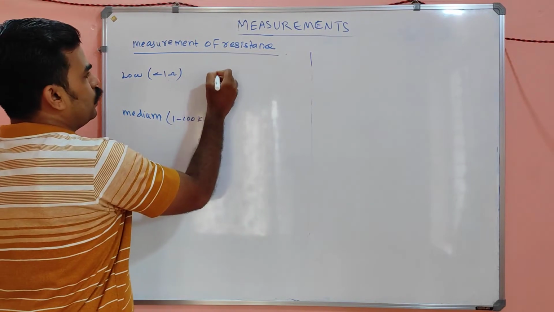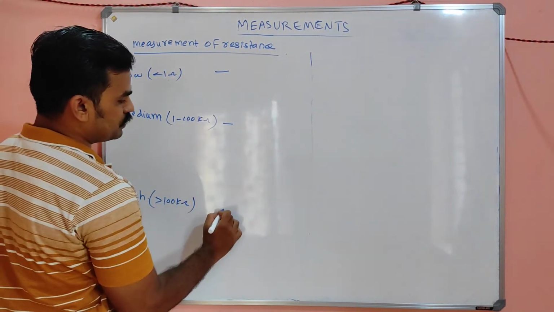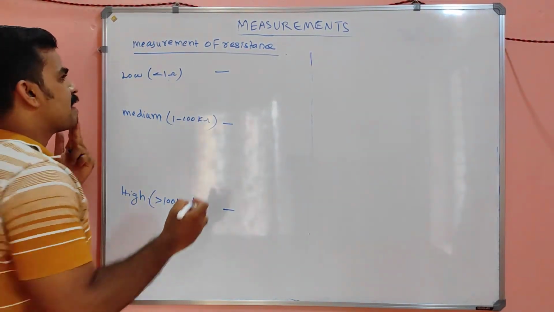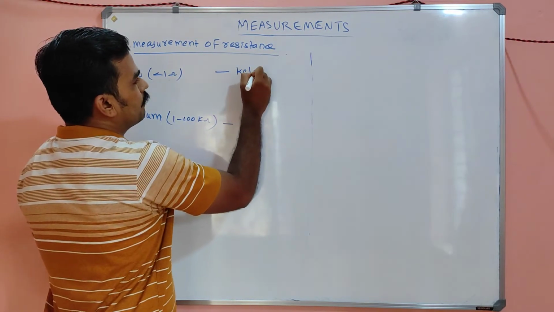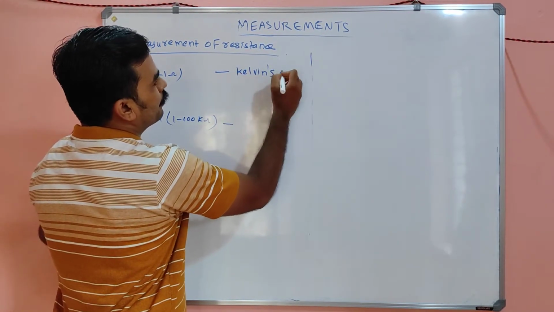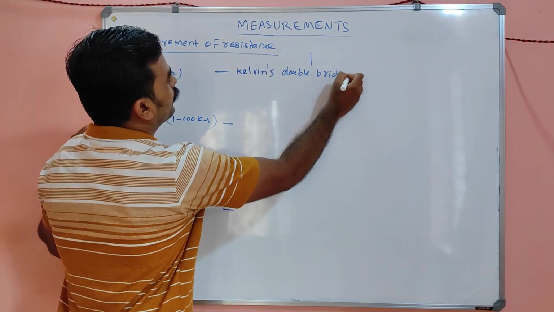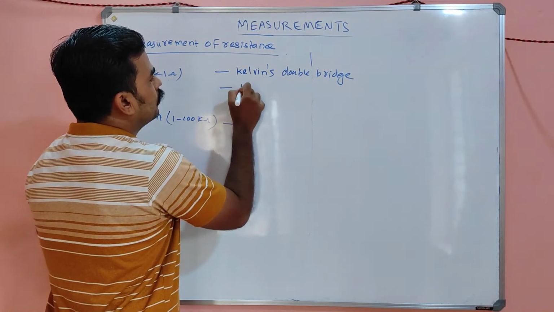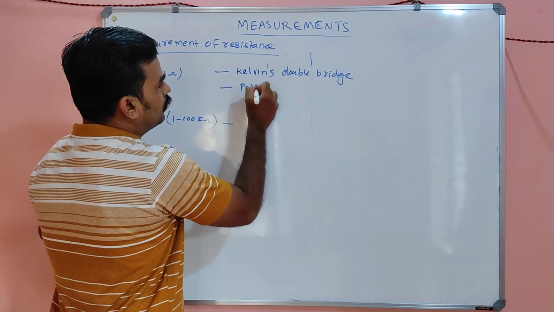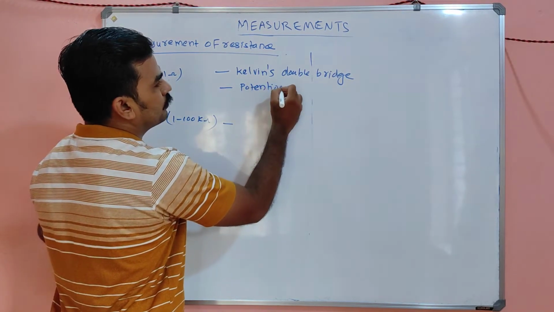So for measuring low resistance, my dears, we have Kelvin's double bridge and potentiometer method.